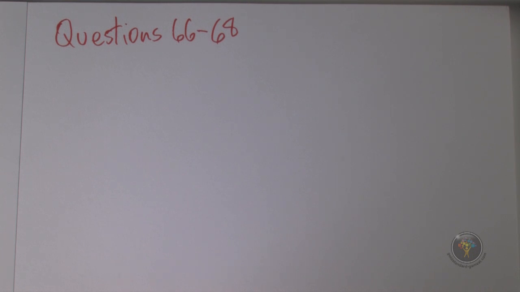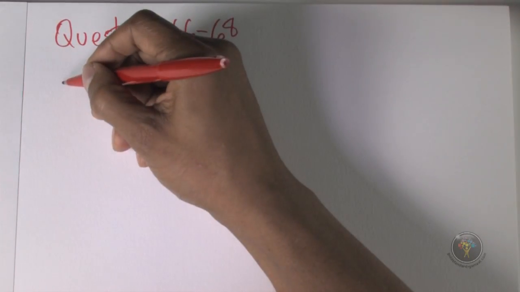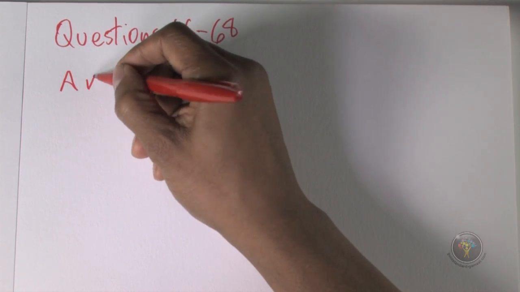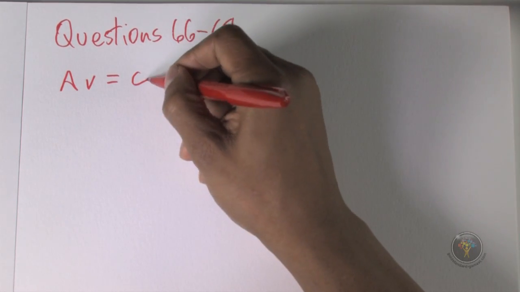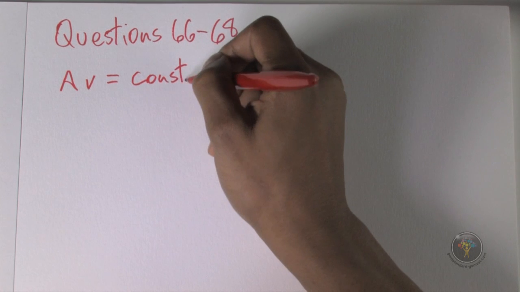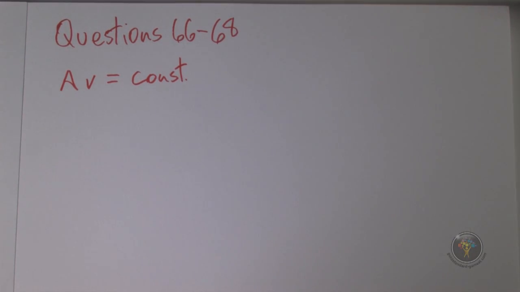So anyway, in the first paragraph, they talk about the flow rate, the amount passing, and it's equal to AV. And they say this flow rate is constant. I'm not sure why they put that in two different sentences, but they could have just said AV is constant. That's important, and that's called the continuity equation, actually.